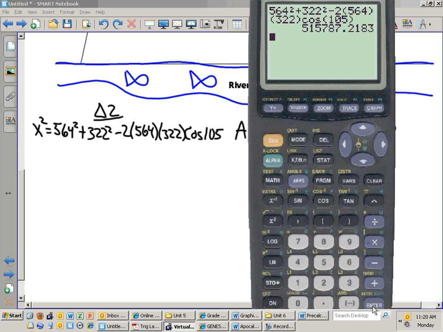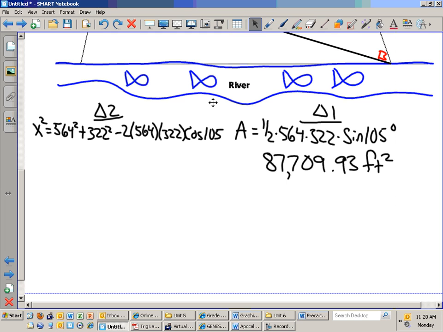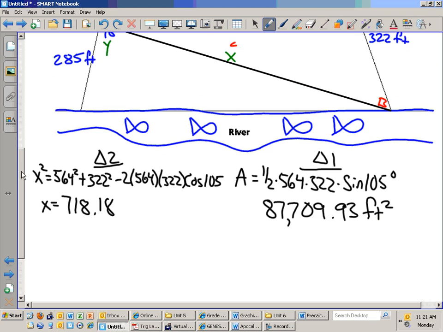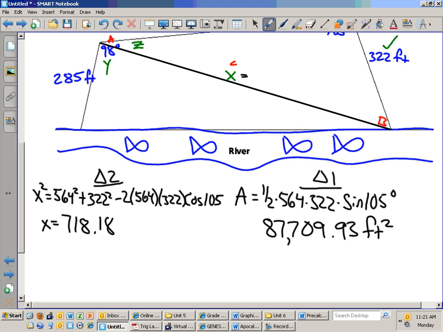And I get 515,787.22, and I take the square root of my answer to get 718.18. So x equals 718.18. I put that right here.